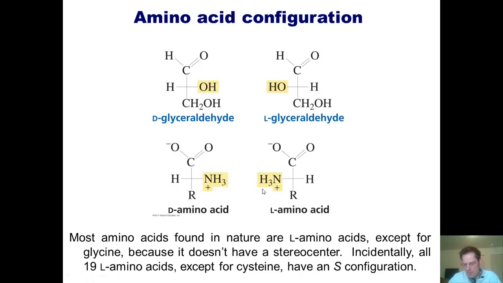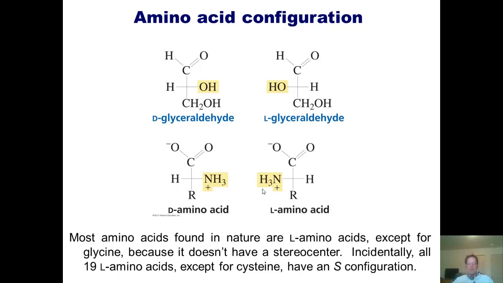You should also remember from Chapter 22 that there is no direct way to correlate L or D with R or S. The only thing that we can say is that if an L amino acid happens to be S, then its D isomer will be R, and vice versa.